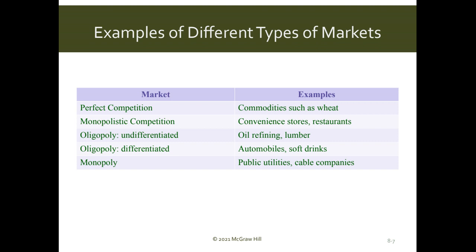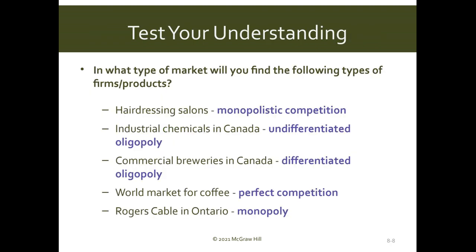So this is just your understanding slide. I intentionally put it in this recorded session so that you should know these examples. Hairdressing salons, monopolistic competition. Industrial chemicals in Canada, undifferentiated oligopoly, because these chemicals are undifferentiated, right? They are identical. Hydrochloric acid is identical.